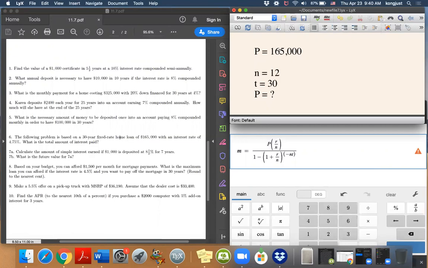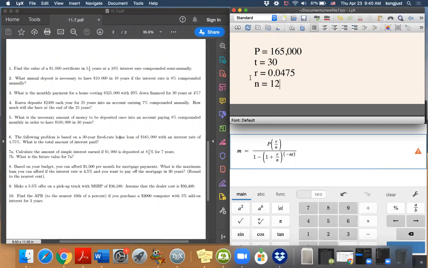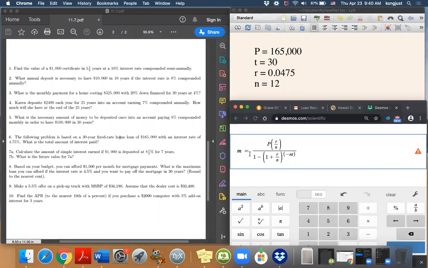Let's see, 30 years, so T is equal to 30. This is in order of appearance. Interest rate is R is equal to 0.0475. And N is going to be 12 for monthly payments. And those are all the letters that I need.